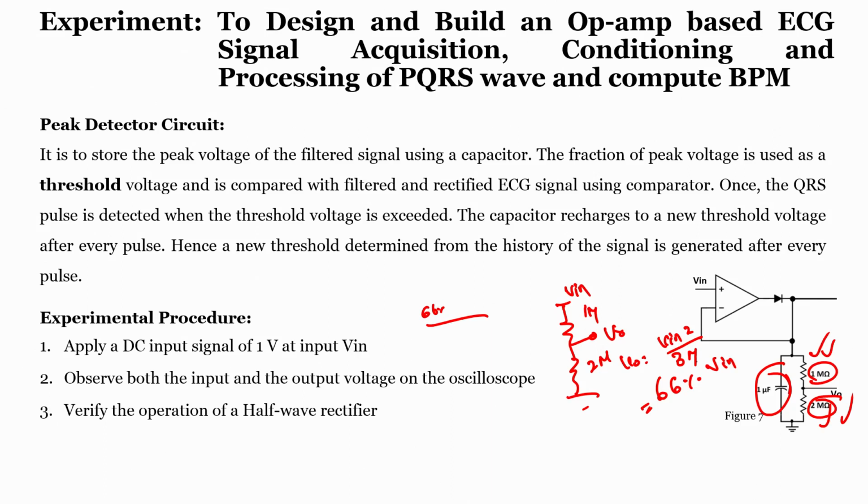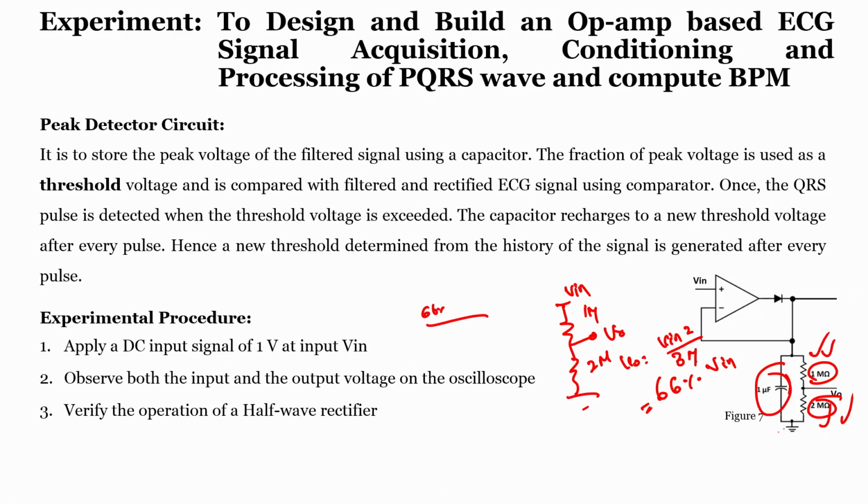In order not to have any effect on the input signal, we take a very high resistance, which will not load it. So, rather than going with 1 kilo or 100 ohms, if I go with mega ohms, the loading effect will be small. That is why we are using 1 mega and 2 mega.